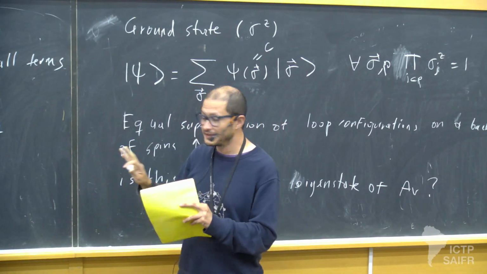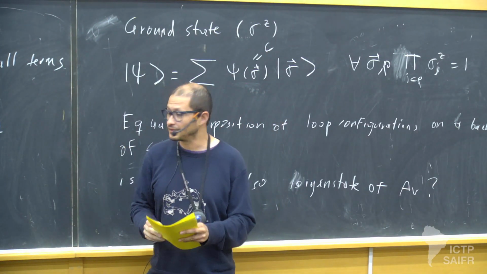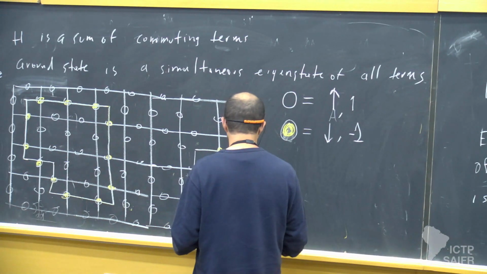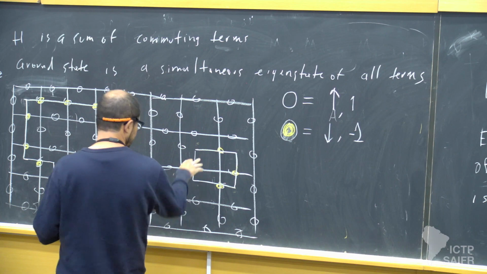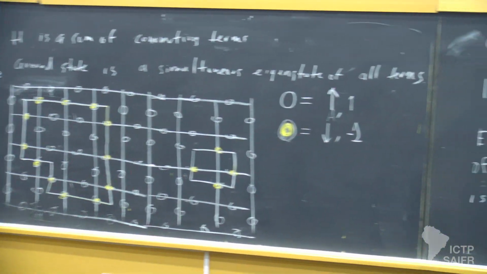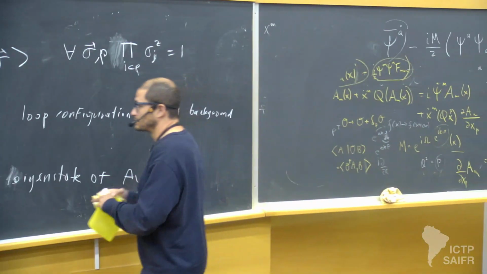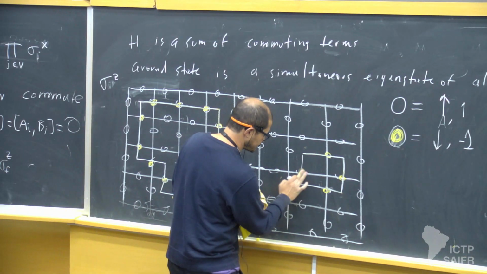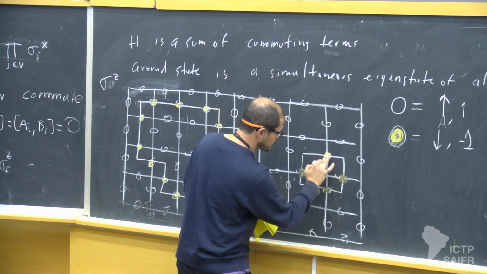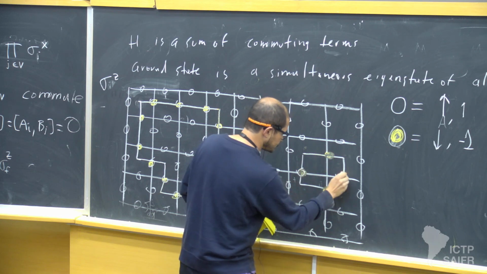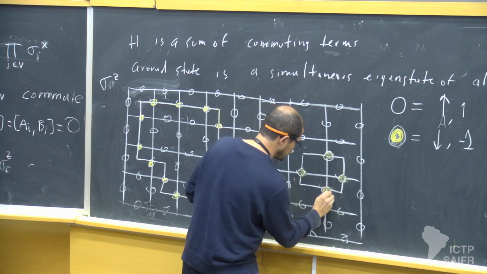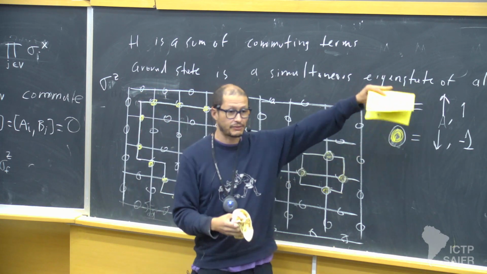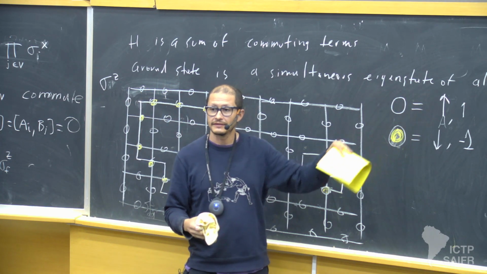And I already hinted that this is possible, right? So let's look at it here, which is where I did it. I said that before I flipped these spins, this was a configuration that was part of the ground state, right?